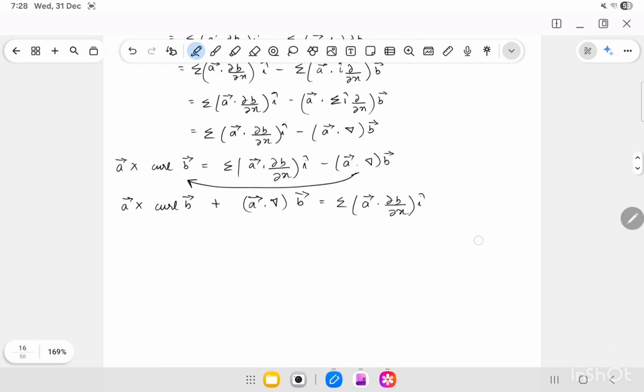Now likewise, if I evaluate this, that is b vector times curl a vector, it will be equal to summation b vector dot del a by del x I cap.